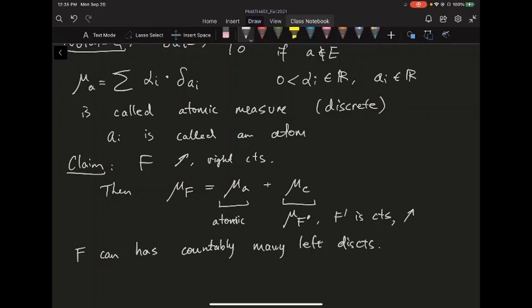Well, you can really convince yourself if you consider, for each n, the discontinuities of this f, in other words, the mu f of this point. I only count those discontinuities that give me something greater than or equal to 1 over n.